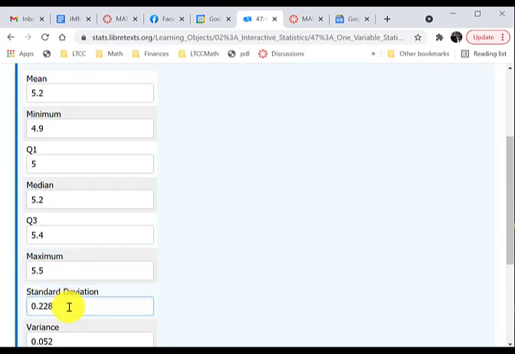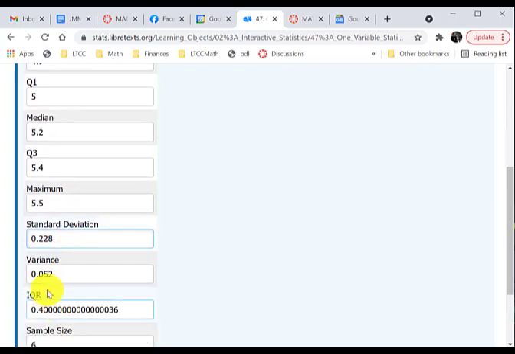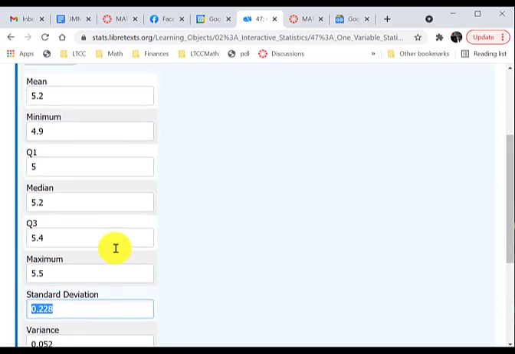Then the standard deviation. Standard deviation is the biggie, and that is 0.228 meters. What that says is that we knew that the mean was 5.2. We can say that pretty much on average, the giraffes are about 0.228 away from the mean.